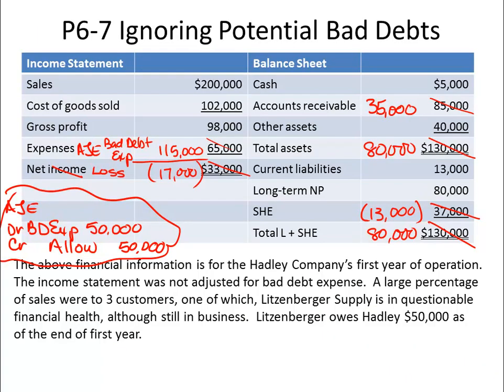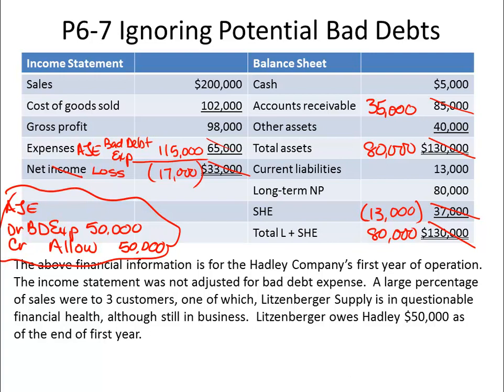All right, here's one where, for Hadley's first year of operations, they've come up with this great income statement where they're making a profit of $33,000, and this great balance sheet where their total assets are $130,000. The problem is one of their sales is for $50,000 to a customer of questionable financial health.